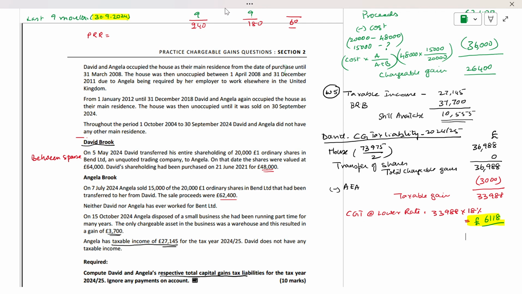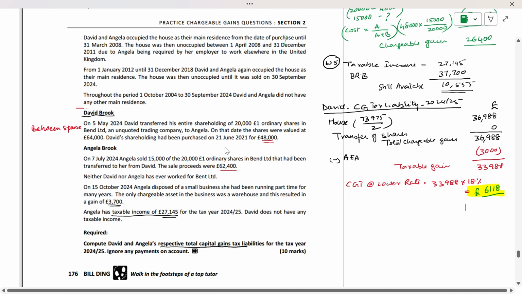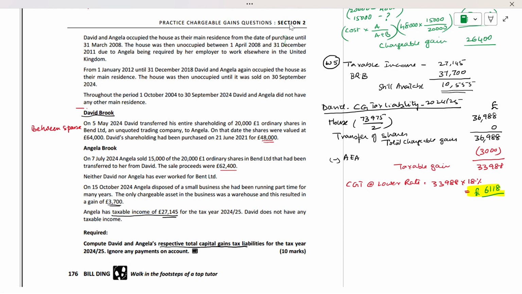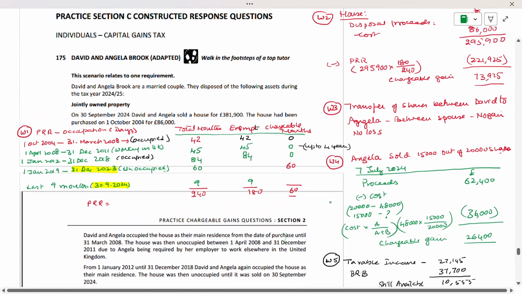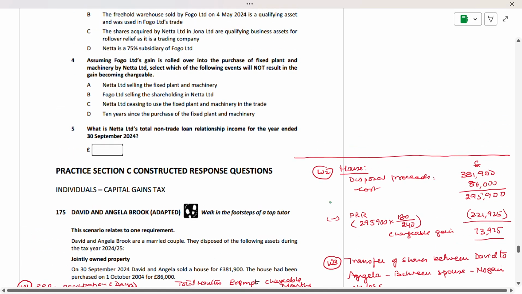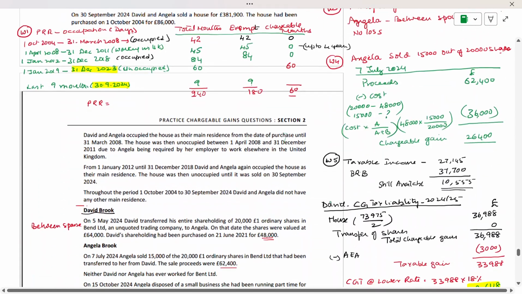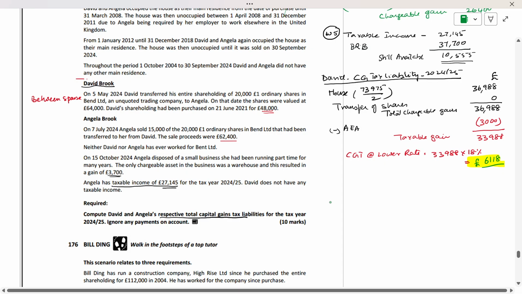Here you have something more. Here it is not so easy. The problem is with Angela. With respect to Angela Brooke, the capital gain tax liability.